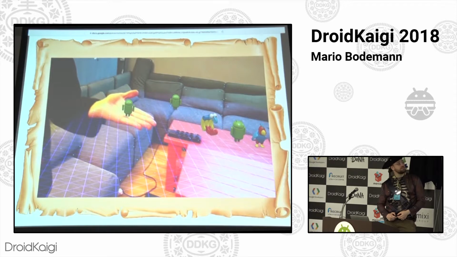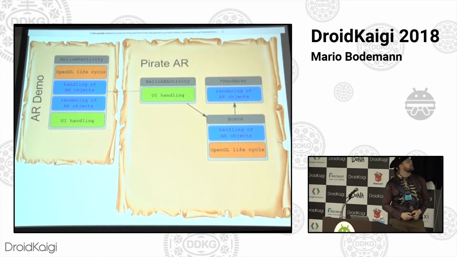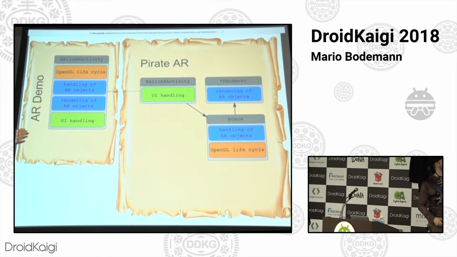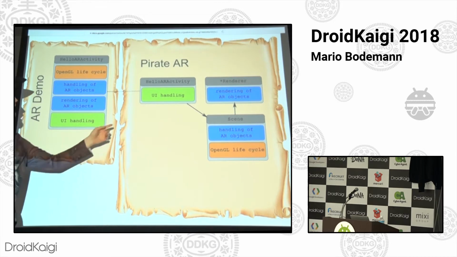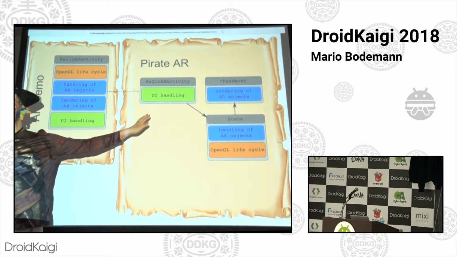So how did I do this? If we take a look at this super working slide, this is a representation of the AR demo. In the hello AR activity, essentially everything happened. And as a pirate, I want to conquer more things, so I divided it. For me right now, the hello AR activity is just taking care of the UI handling.